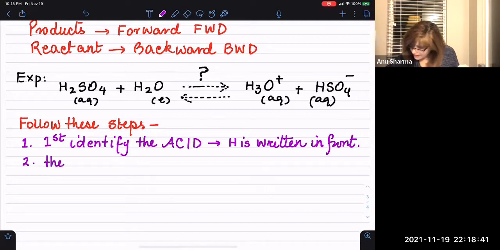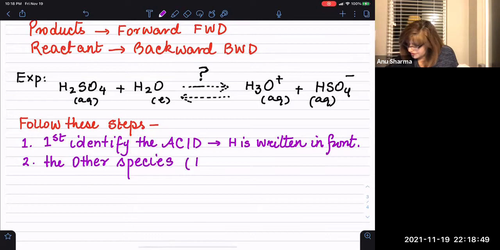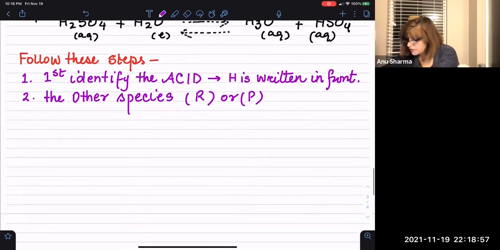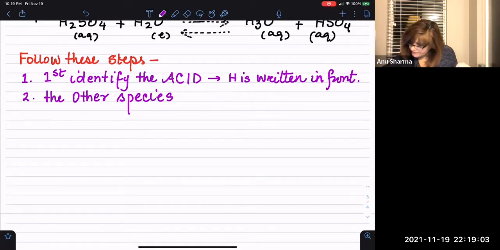The other species, whether it's on the reactant side or product side, doesn't matter, is automatically the base.